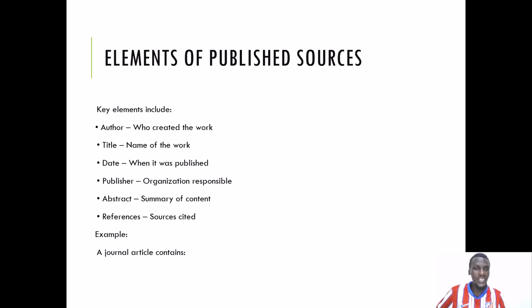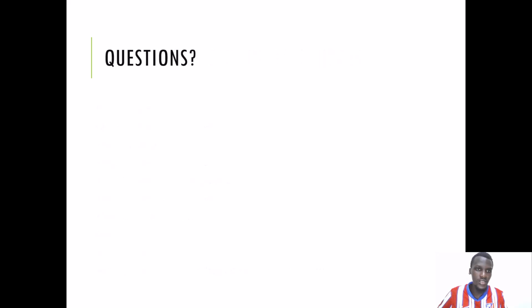The abstract is a summary of the content; there will always be an abstract that summarizes all the content for people who don't want to read everything, just a brief summary. The references are the sources cited, where they most likely got the information from. Examples are a journal article, which contains the abstract, the introduction, the methodology, the results, the discussion, and the references, as you can see.